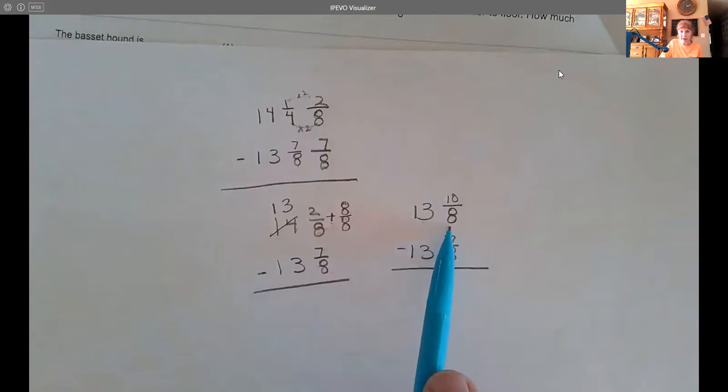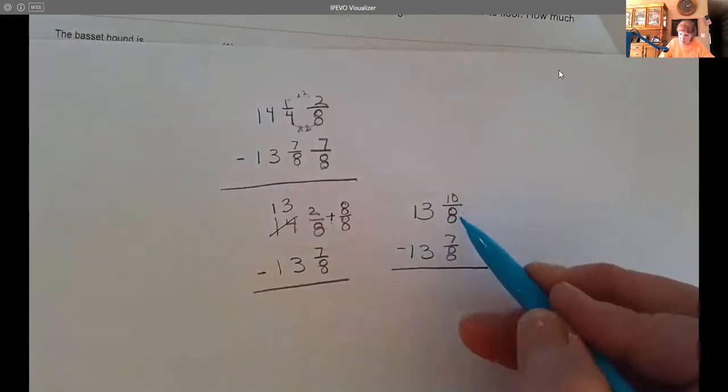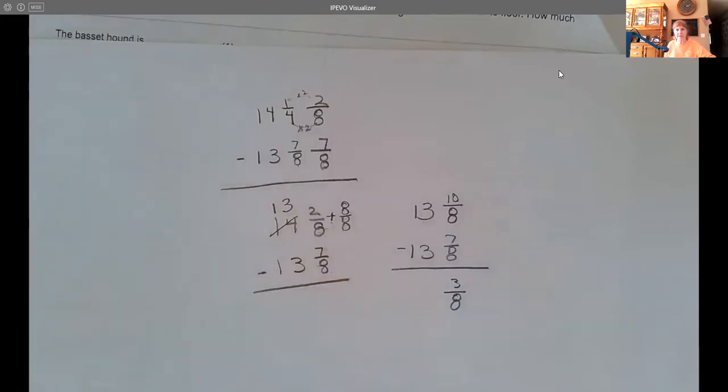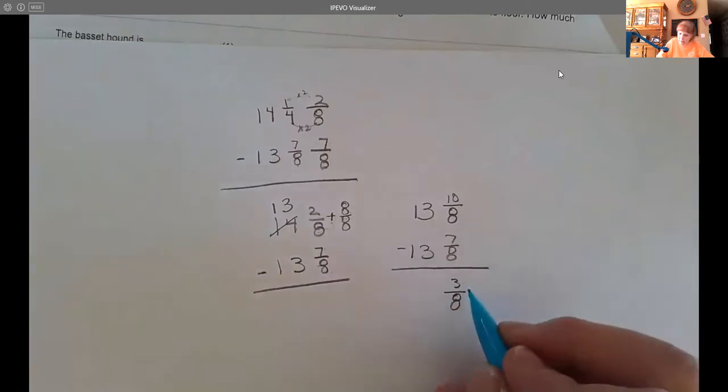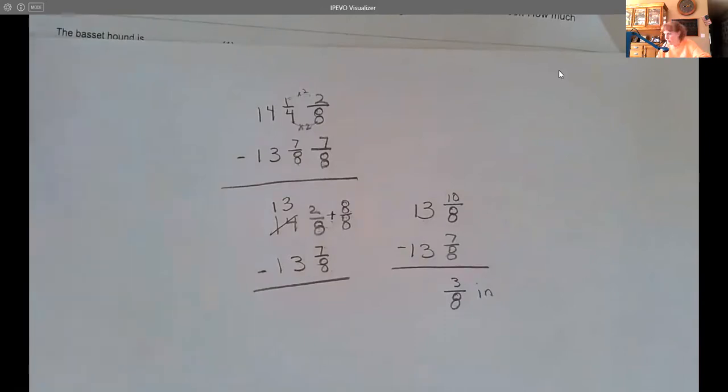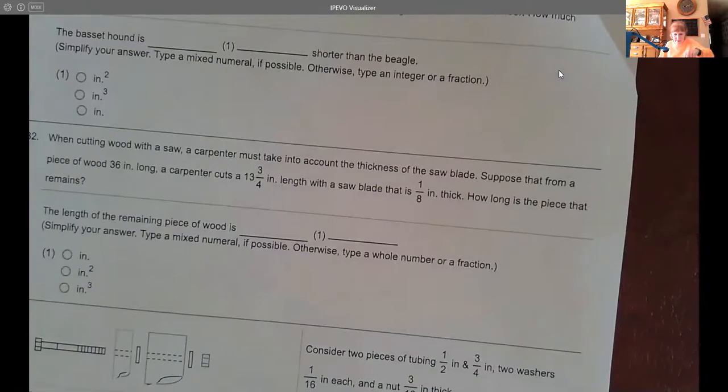Now I'm ready to subtract. I get 3/8 here. 10 minus 7 is 3. 13 minus 13 is 0. So it looks like there's a 3/8 inch difference in their heights. Okay, it's kind of a little application problem there. That's great.